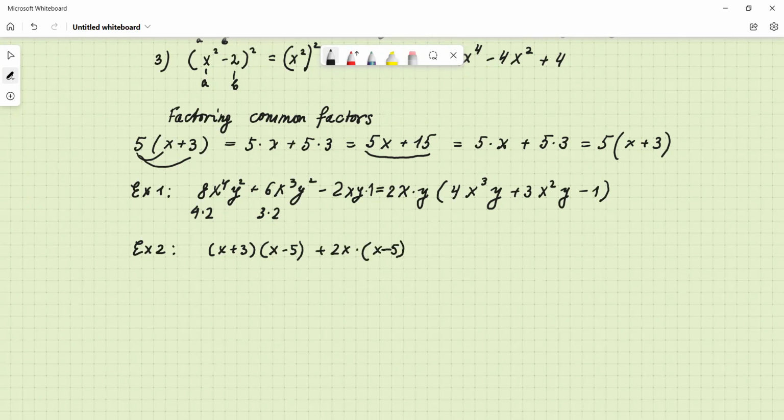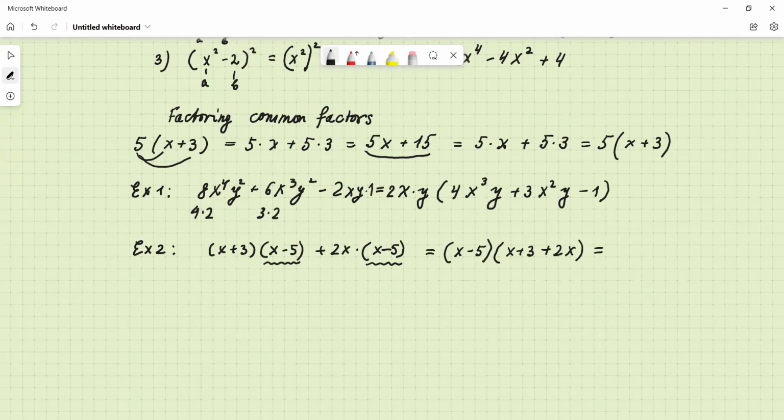If somebody asks us what the common factor between these two terms is, you will see that it's the same (x minus 5) in both of them. That's what we are going to factor out. (x minus 5), a more complicated expression than just 2xy, right? What is left when we take this away? Well, x plus 3. What is left from the other expression is 2x.